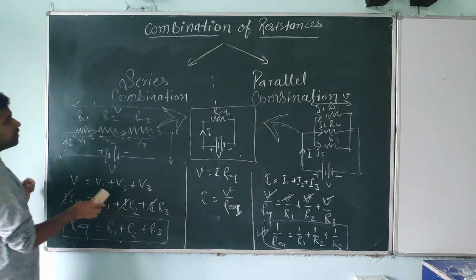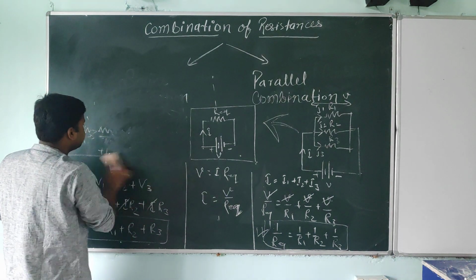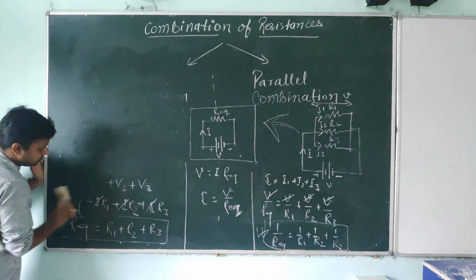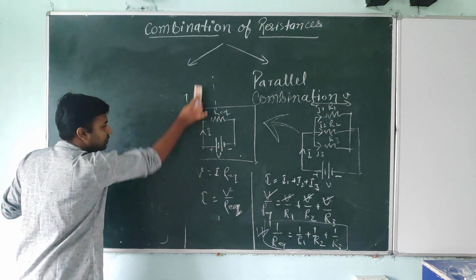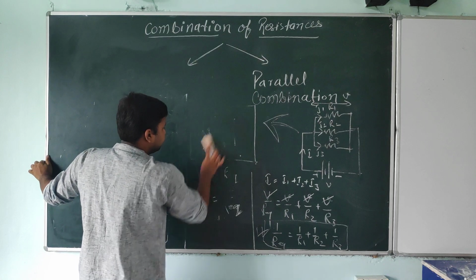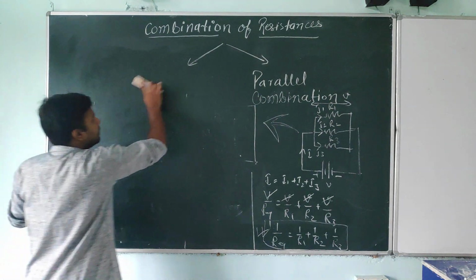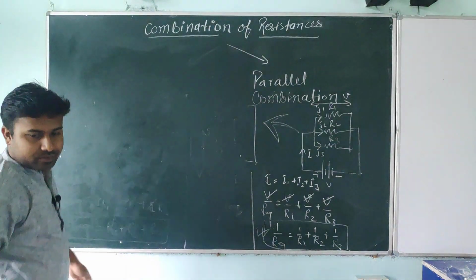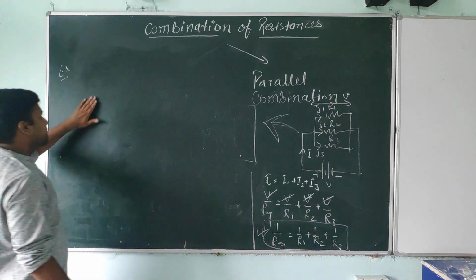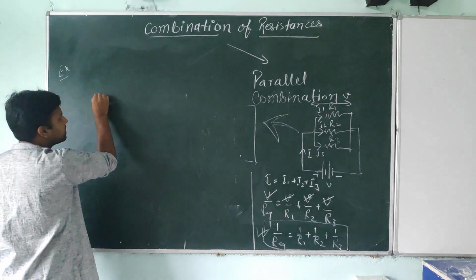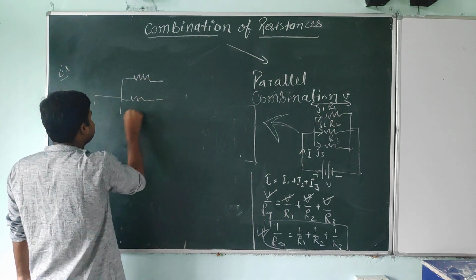You can pause the video and note down this. Okay students, so first I am starting with a basic example, because it's the first example, that's why I am taking a very basic example.